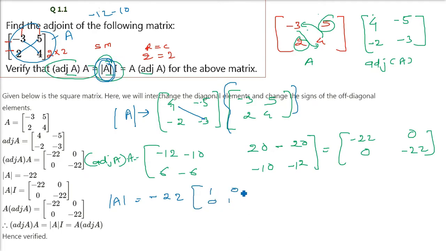This is a scalar multiplication: take -22 inside and multiply with every element. You get the same as the previous one, so these two we have equated. I hope you got the idea.